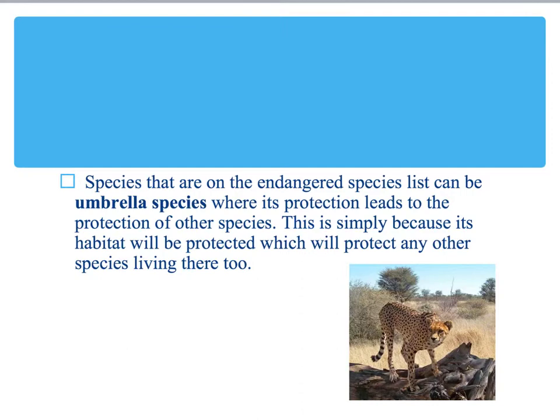Now there's something called umbrella species, like as in under my umbrella. This kind of umbrella. So an umbrella species is going to protect other species. So if you protect it, other species will be protected as well. Like two people standing under an umbrella.